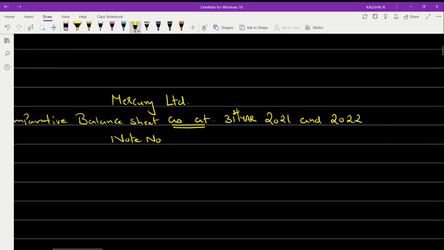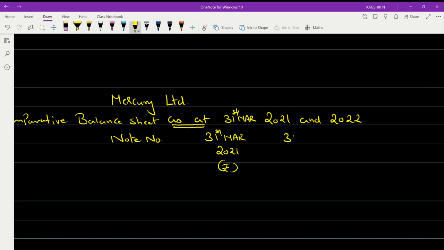The third column you are going to record as the, sorry, the previous year first: 31st March 2021, amount in terms of rupees. And then the next column you are going to record as 31st March 2022, amount in terms of rupees.